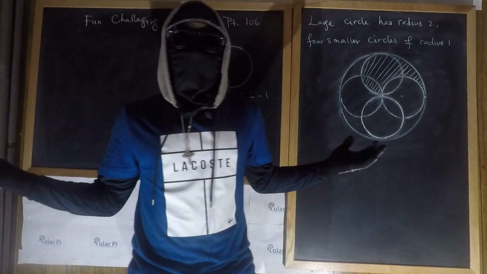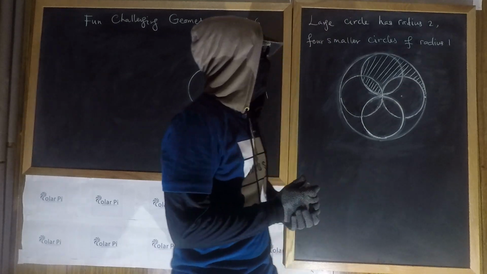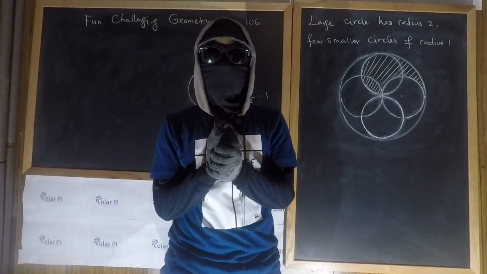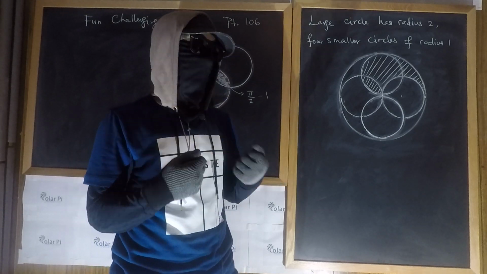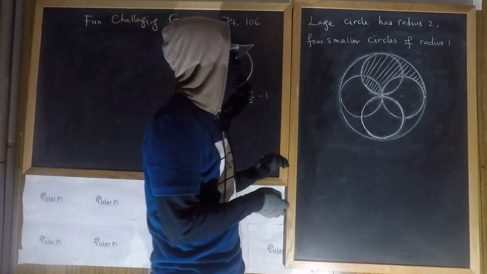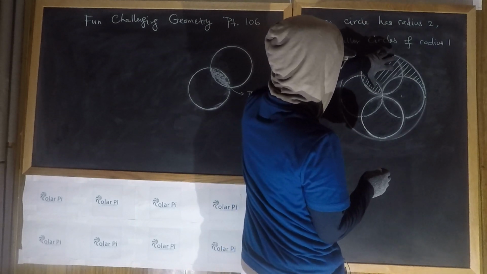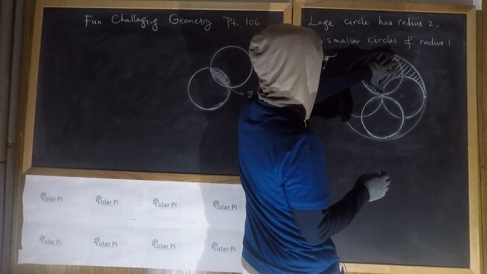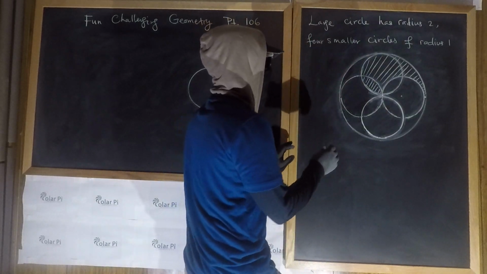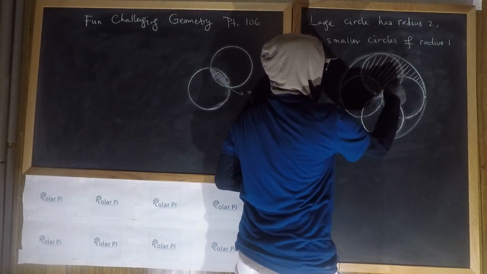Well, we have to figure out the shaded region. I'm going to break it into 2 tasks in the remainder of this video. One is to figure out the area of the shaded region of interest contained in this small circle at the top, meaning all of this except for this little strip.